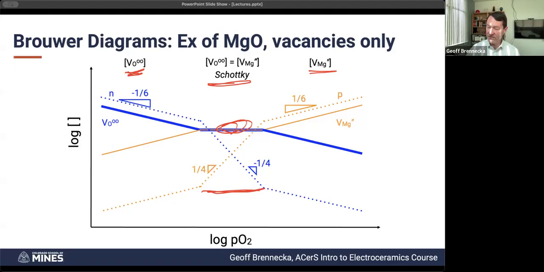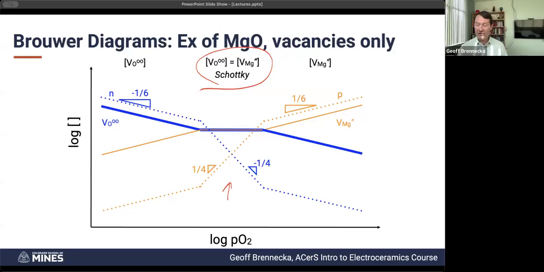The concentration of electrons drops dramatically even while that Schottky defect is dominant, and the concentration of holes increases dramatically across that region. That is non-intuitive, because you'll notice that equation doesn't have anything in it about electrons or holes, and yet these species are changing concentration dramatically.